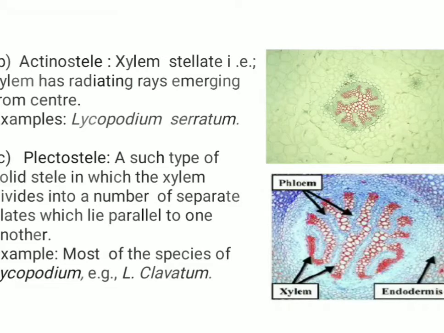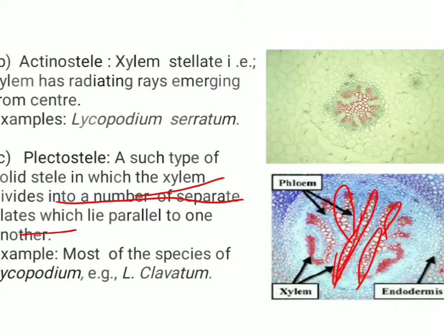Okay, you can see this red structure is the xylem, and the surrounding blue cells are phloem. Okay, in plectostele, xylem is divided into a number of separate plates, parallel to one another.